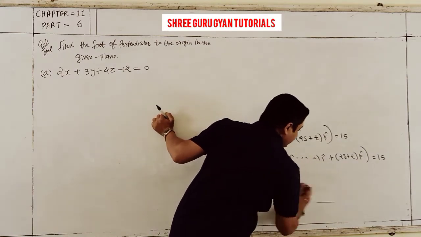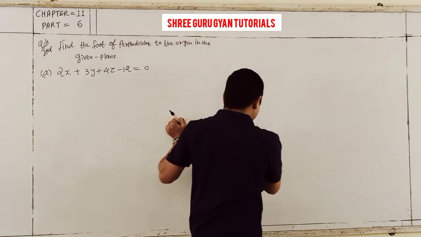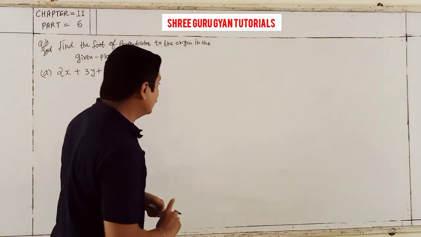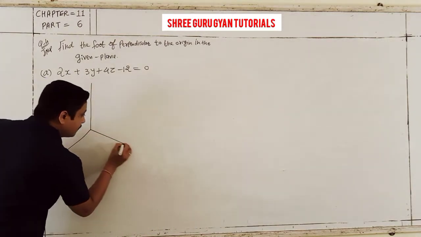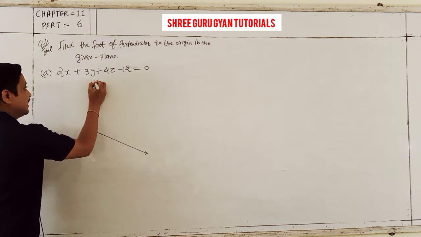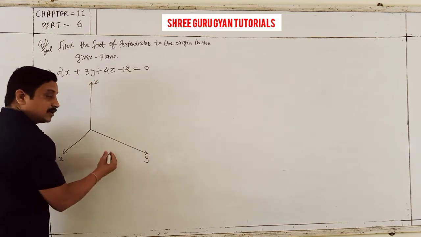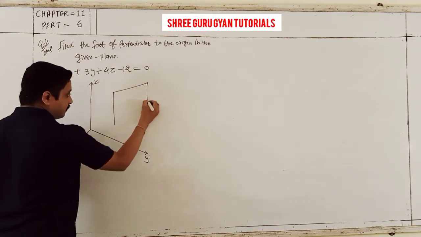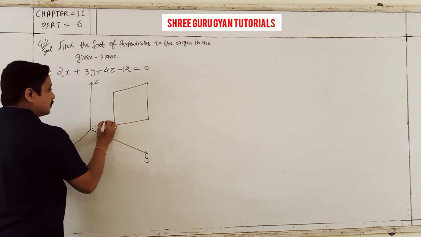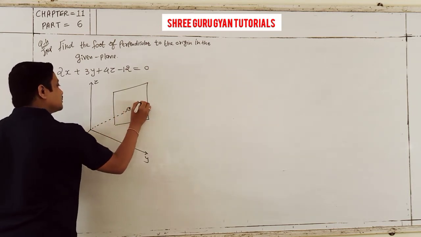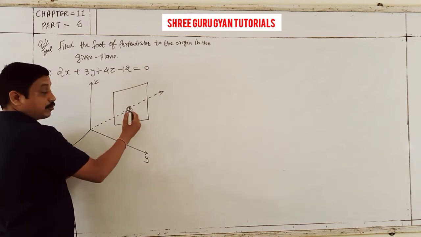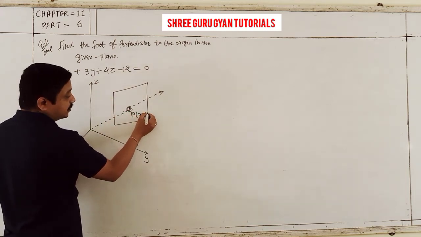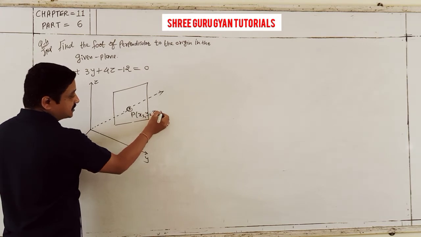Already I explained one example in the last video, but here I just go ahead the same way. Consider here one of the planes, and straight away going here, your point P is your foot of perpendicular from origin, x1, y1, z1.